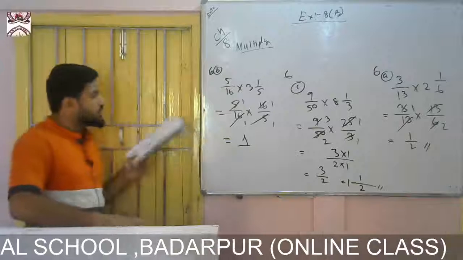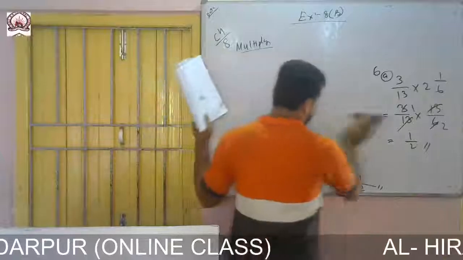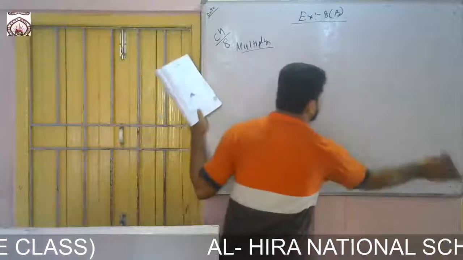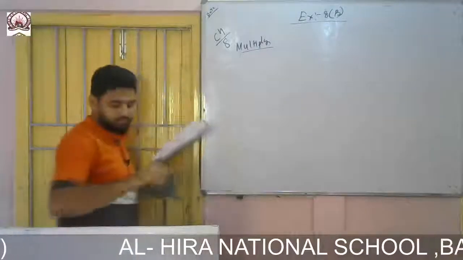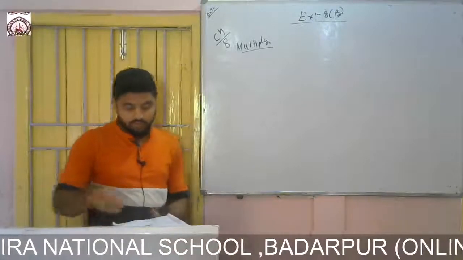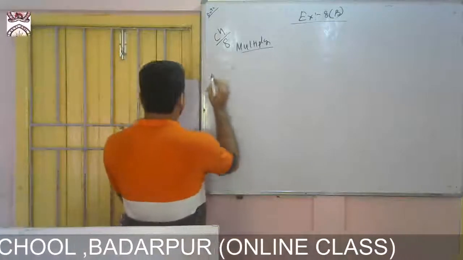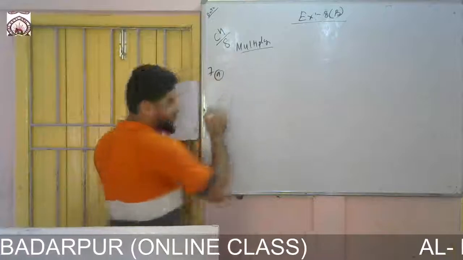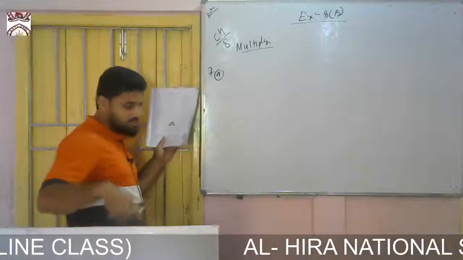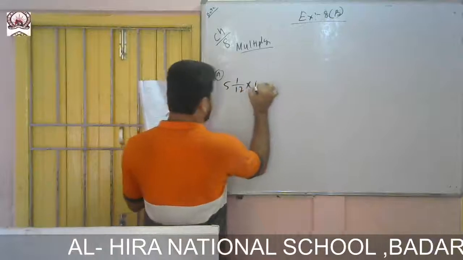Now come to question number 7. So question number 7, what is there? 5 1 by 12 into 15.